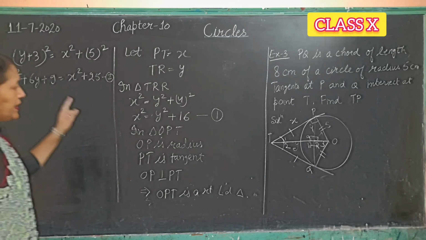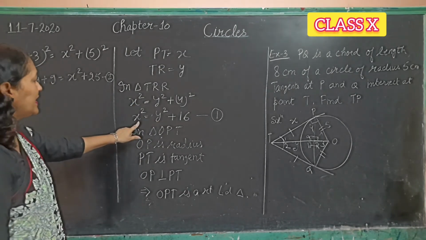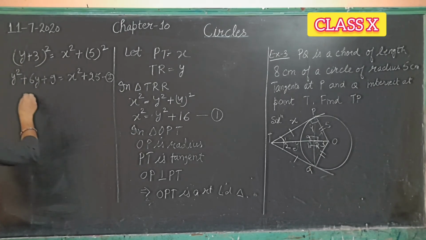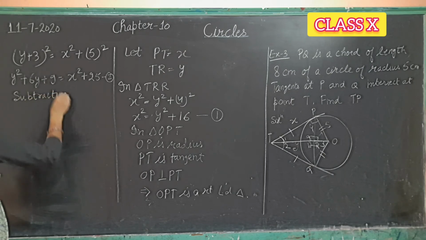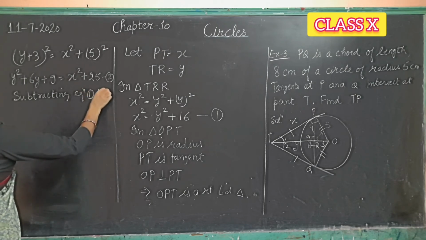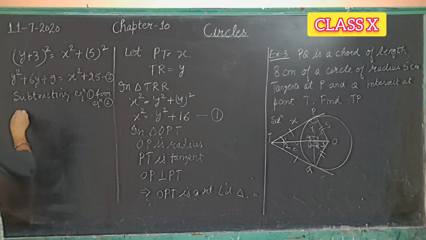Now if we subtract equation number 1 from equation number 2, this X will get eliminated. We can write again, subtracting equation 1 from equation 2, but we will have to rewrite equation 1.